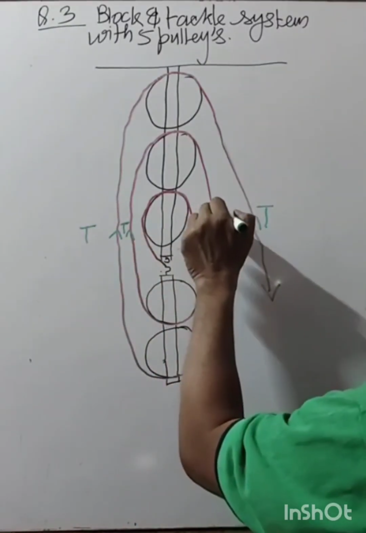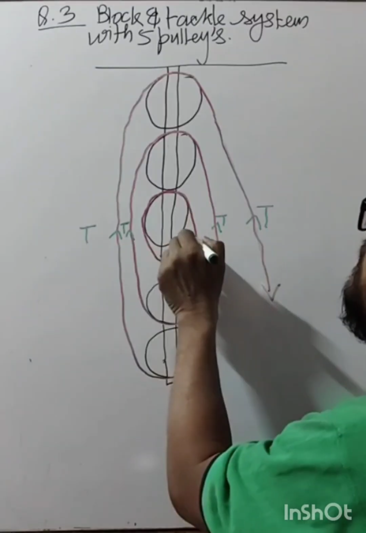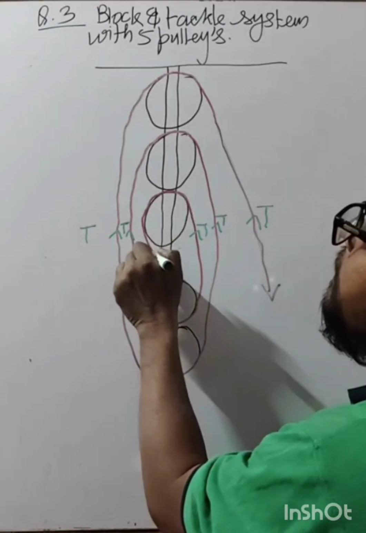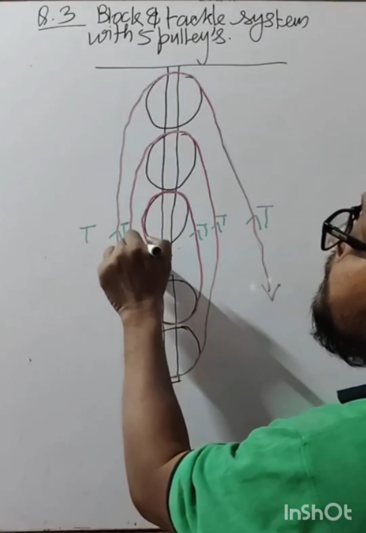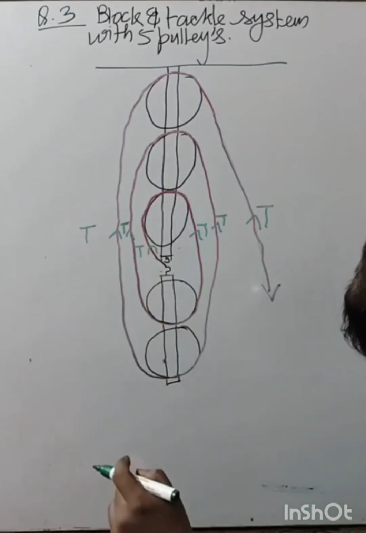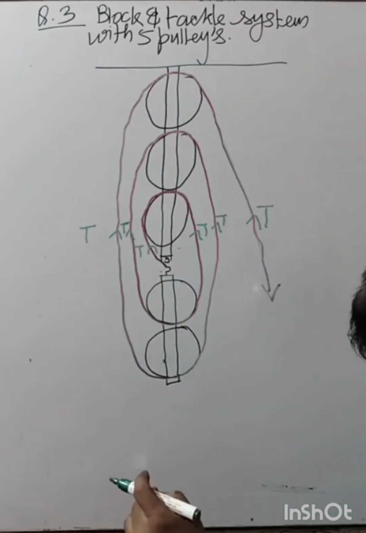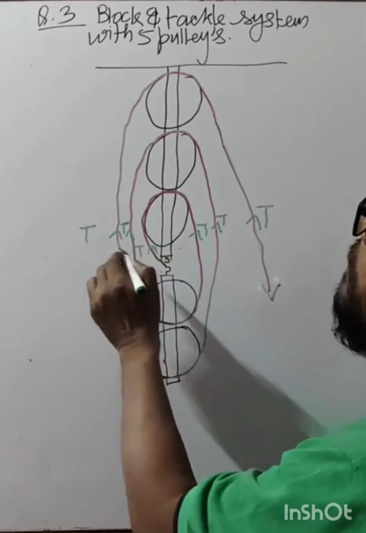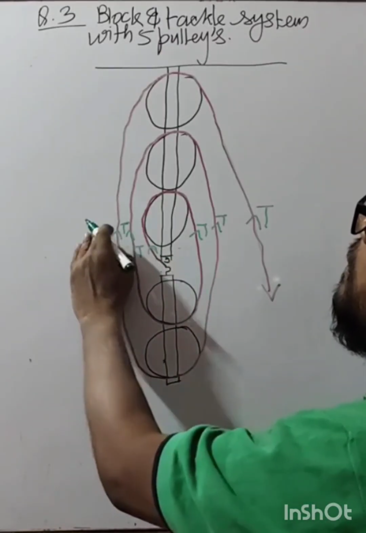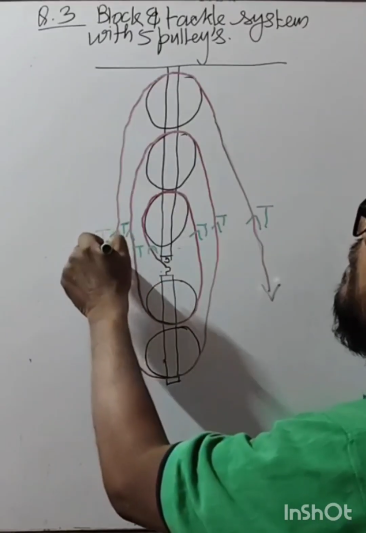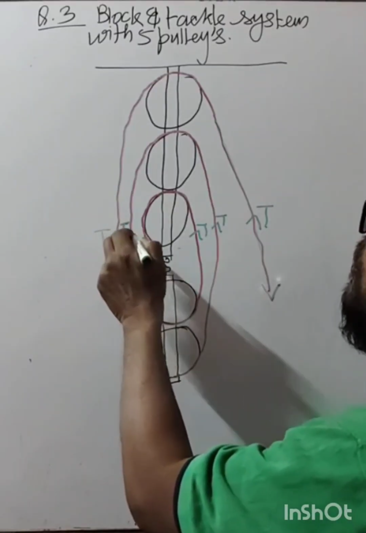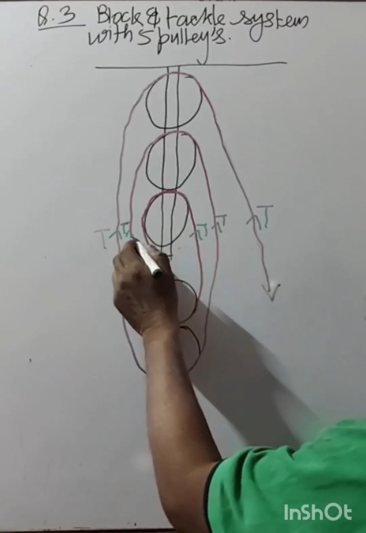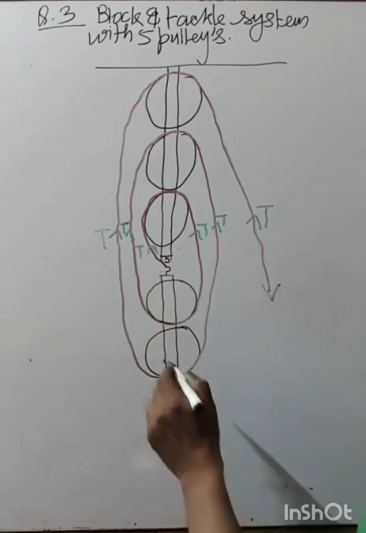This is the tension. So we have 1, 2, 3, 4, 5 tensions.